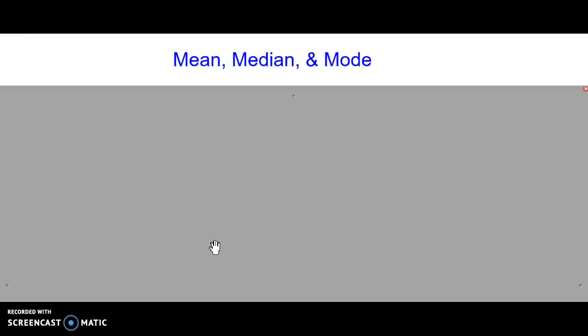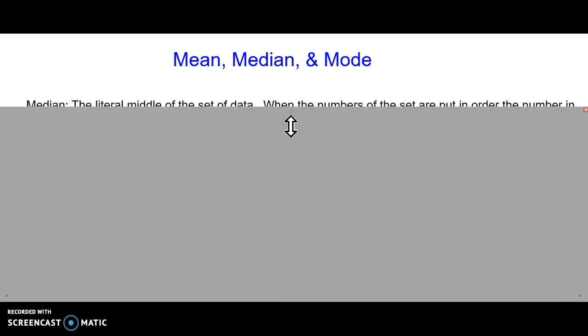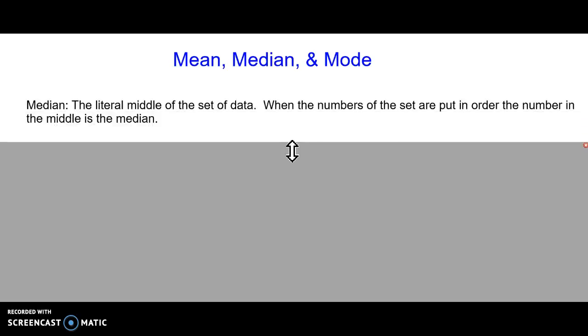Now we are going to look at the median of a set of data. Again, the median is another measure of central tendency. And in this case, the median is literally the piece of data that is in the center of the set. To find the median, you take all of the values in your set and you put them in order from least to greatest, and you identify the number that is in the middle.